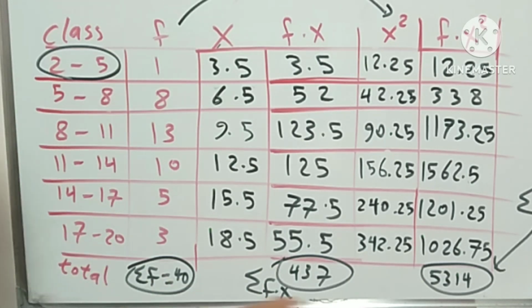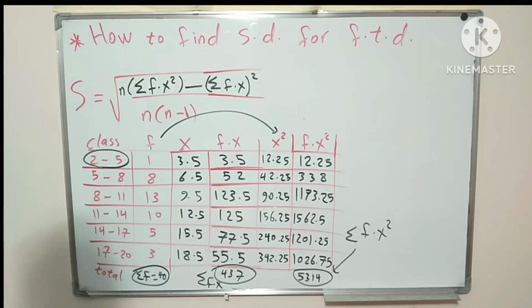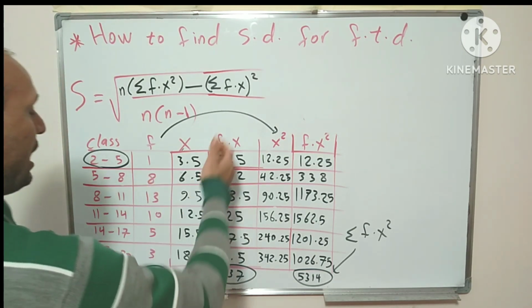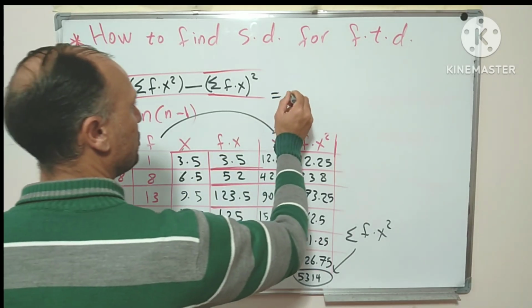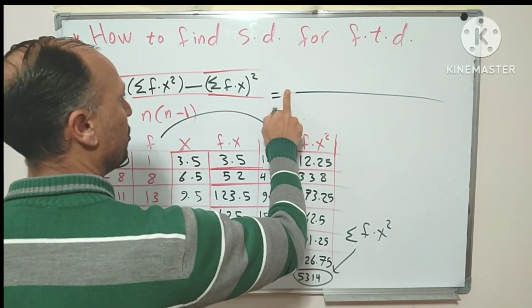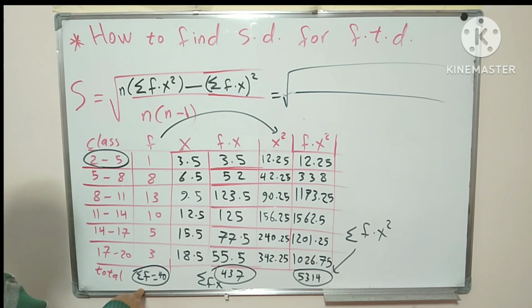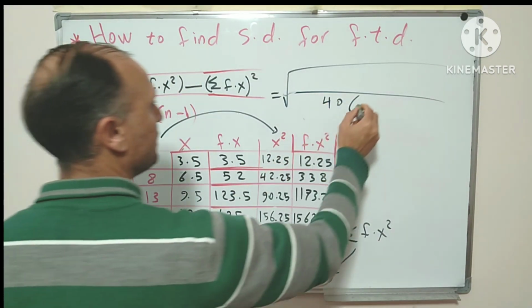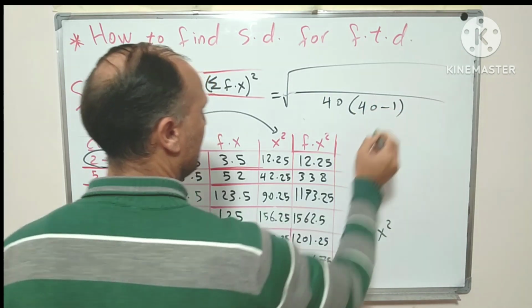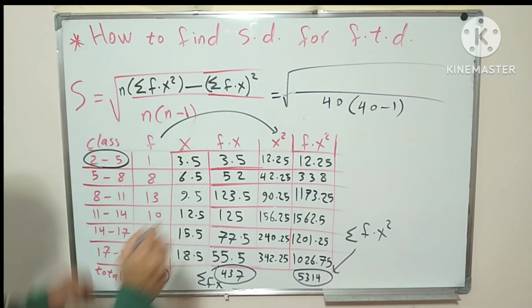After we find all these summations, we return to our formula. After finding the summations for f, fx and f x squared, we just substitute in our formula. n means sigma f, which is 40, over 40 minus 1, and n is 40.